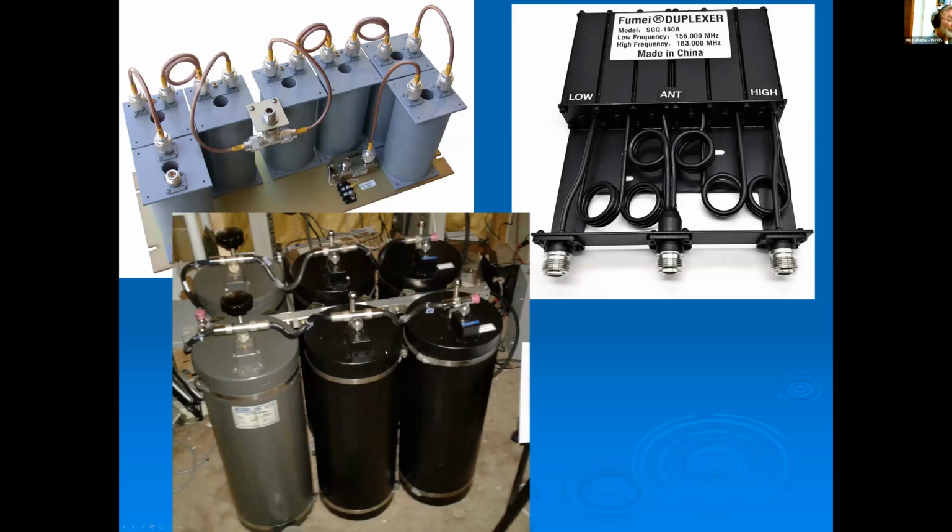The picture down here in the bottom left is a set of cans here. This is a 2-meter repeater. The one off over here to the right is actually not for 2 meters, but they make them for this. This is just a low-cost duplexer. Does similar things, but can't really handle the power. Does not have anywhere near the level of isolation, thereby it limits the power.